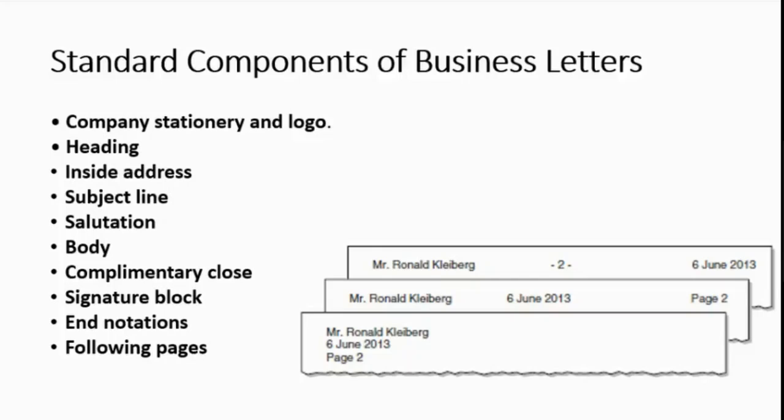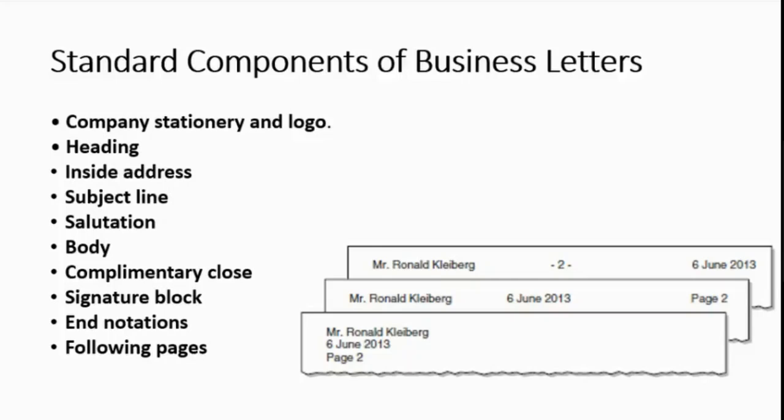For example, if you don't know exactly who, you can use dear recruitment officers. If all else fails, use the infamous to whom it may concern. Notice that the salutation for business letters is punctuated with a colon.